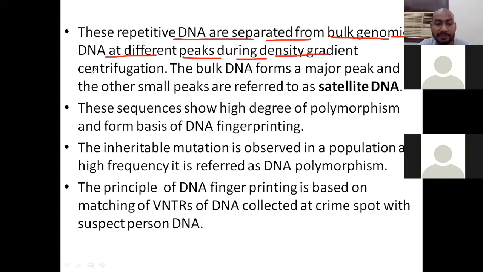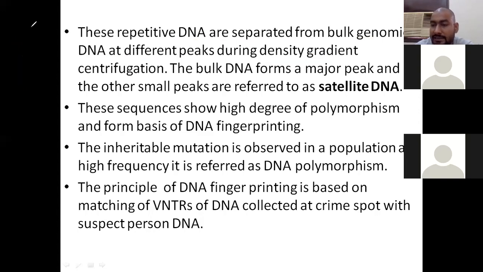density gradient centrifugation. If you observe the density gradient centrifugation, this is the test tube. In the test tube you will observe different sequences of the DNA molecules like that. Cesium chloride density gradient centrifugation, I already told you. Can you tell where I told this?